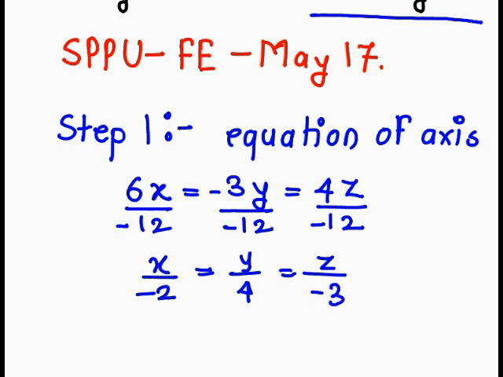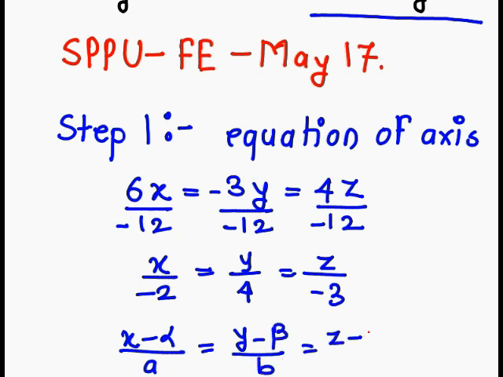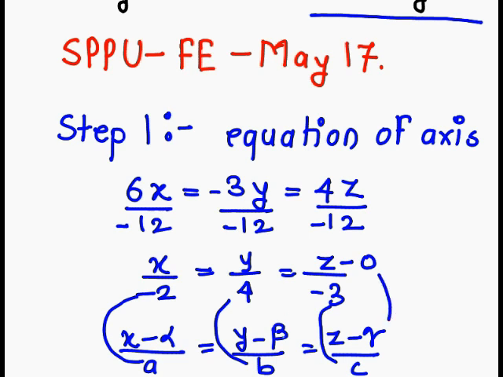And if you compare this with the standard format, that is x minus alpha upon a is equal to y minus beta upon b is equal to z minus gamma upon c, we get the value of alpha as 0. So by comparing with this, we get the value of a is minus 2, value of b is 4, value of c is minus 3, and as there is no any term, so z minus 0 we can write, so value of gamma is 0, similarly beta is 0, and similarly alpha is 0.